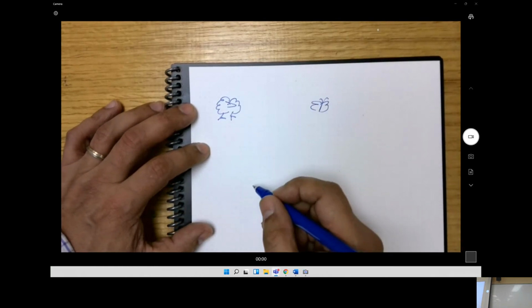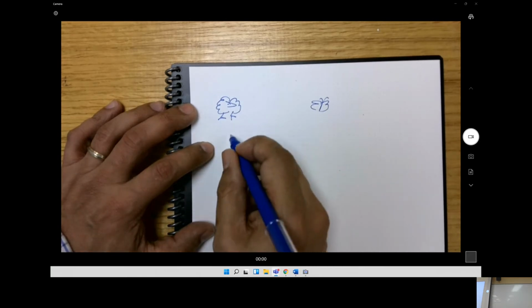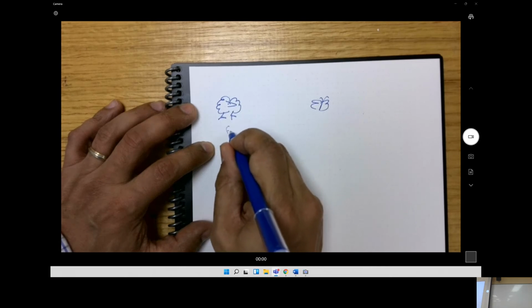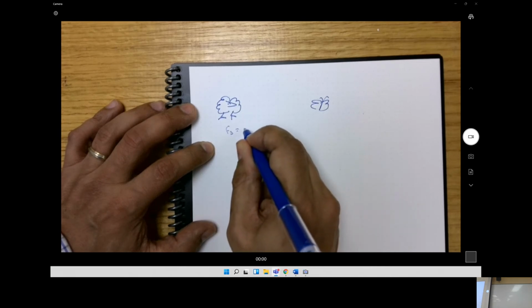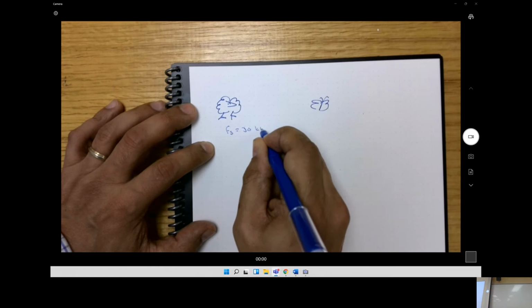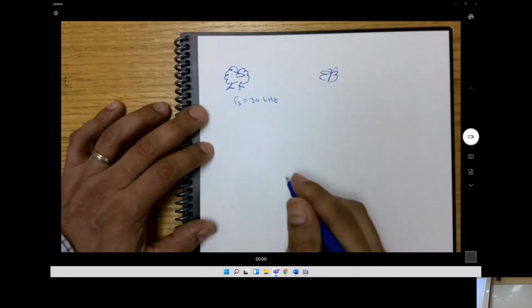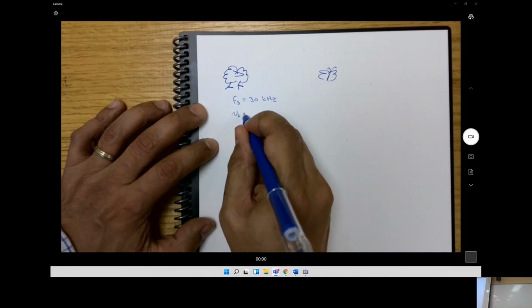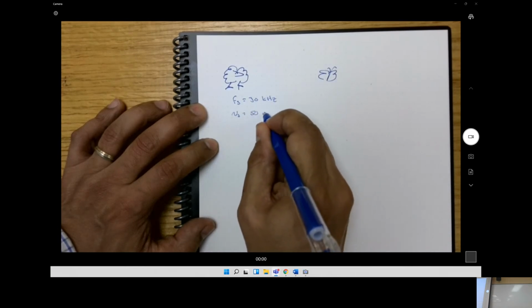I don't know if birds have echolocation. I don't know any biology major. So I'm gonna say that it's emitting a frequency of 30 kilohertz. And I'm gonna say that originally this is traveling at 50 meters per second.